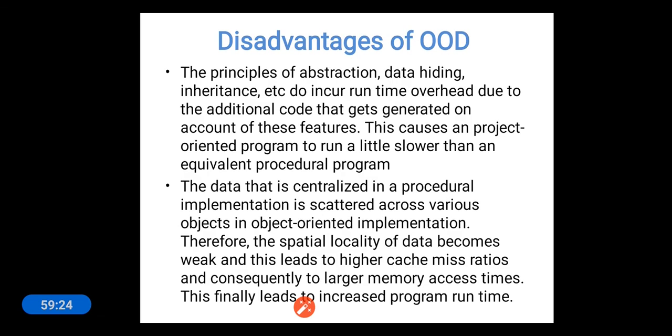And here the data is not centralized, whereas in procedural implementation the data is centralized, but in objects the data is scattered among various data items. So the spatial locality of data becomes weak, and this leads to higher cache miss ratios and consequently to larger memory access times. This finally leads to increased program runtime.